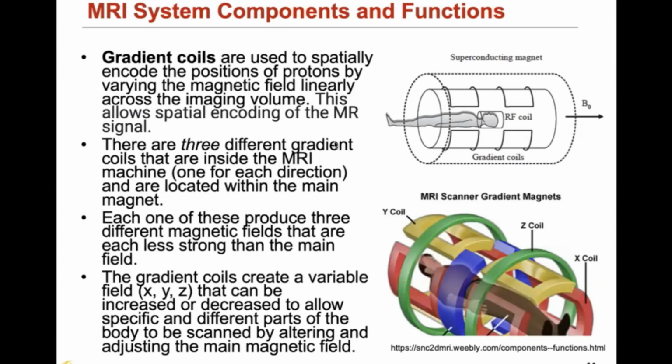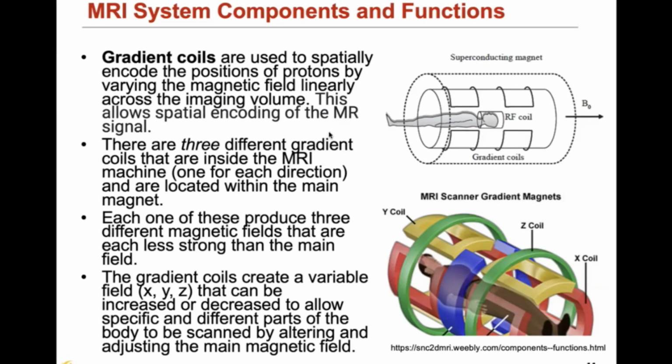The next component is the gradient coils. This figure shows where the gradient coil is located. The outermost is the superconducting magnet, the next layer is the gradient coil, and the inside is the RF coil, just like a Russian nesting doll. These gradient coils are used to spatially encode the positions of protons by varying the magnetic field linearly across the imaging volume.